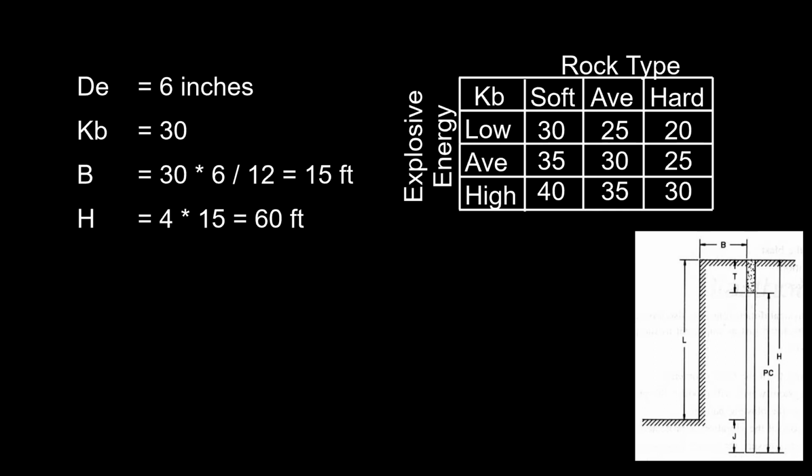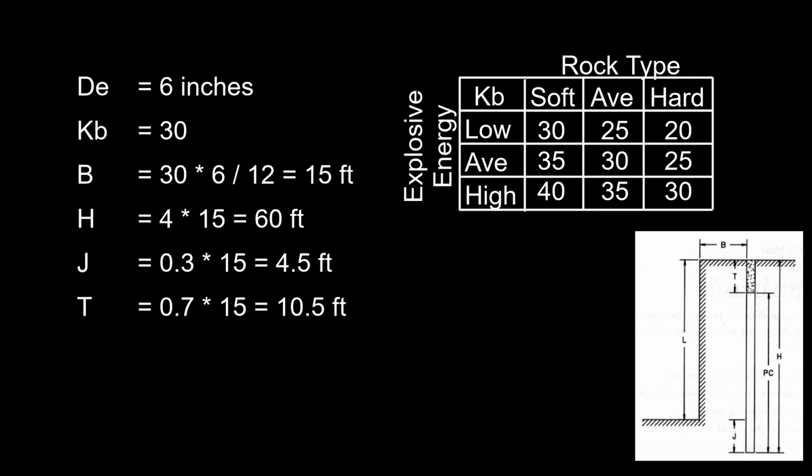Then moving on to subdrill, we will take 0.3 times our burden of 15, and that will get us 4.5 feet of subdrill. Moving on to stemming, we're using the stemming factor of 0.7 times the burden, which is 15. That gives us a stemming length of 10.5 feet.